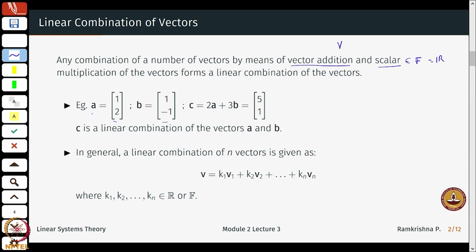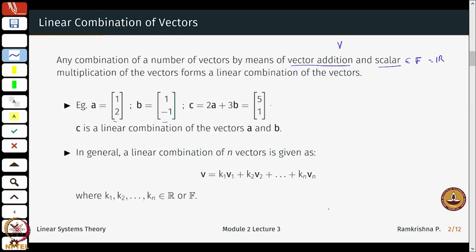Okay. So I take these two vectors A and B, and I can write a linear combination, say 2A plus 3B, which will give me another vector. So C is said to be a linear combination of vectors A and B, and these numbers 2 and 3 can be any arbitrary number from the real line.